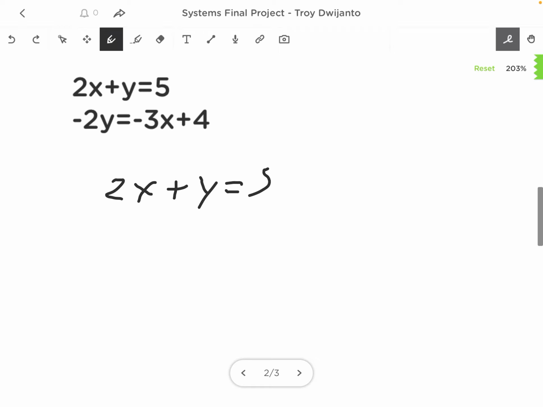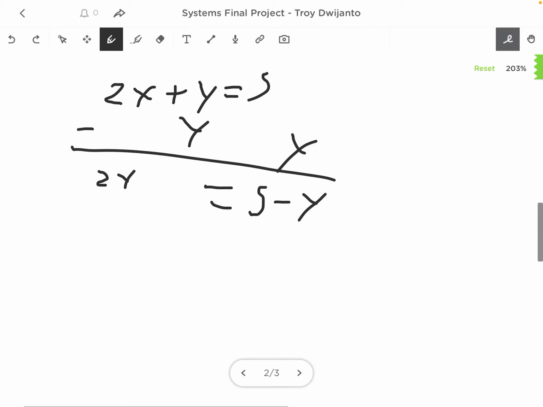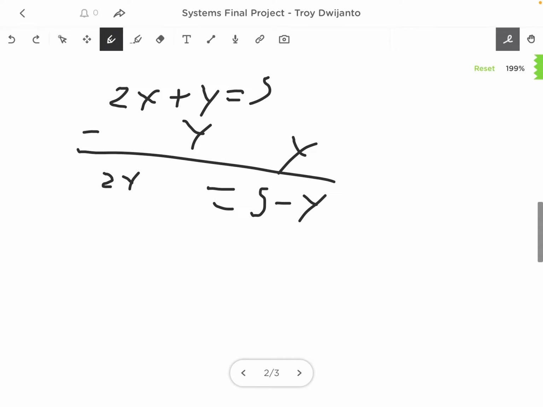So 2x plus y minus y, and y minus y is 0, equals 5 minus y. Well, 0 minus y is negative y.